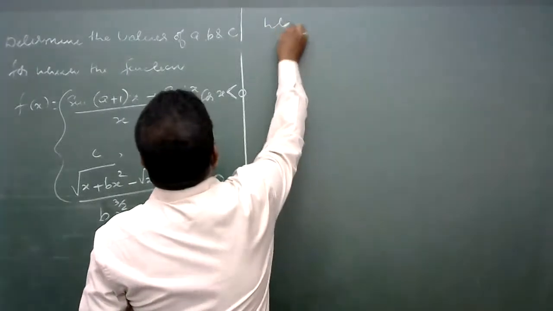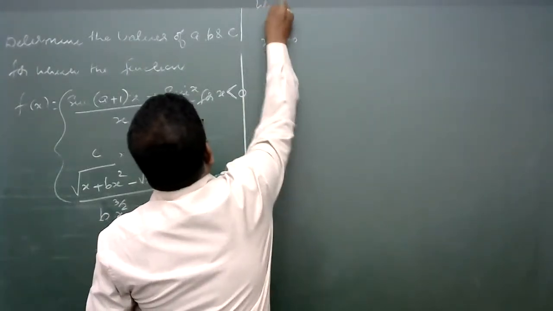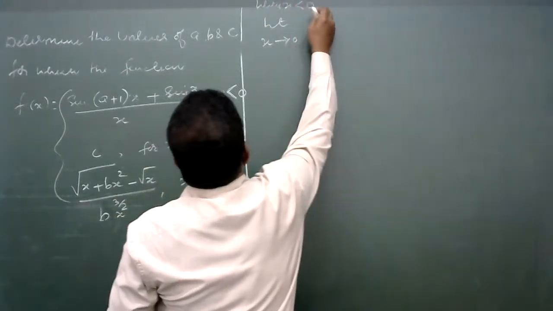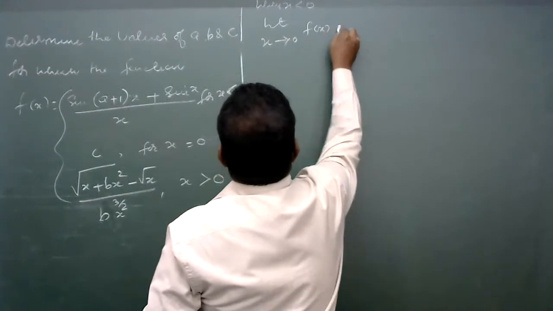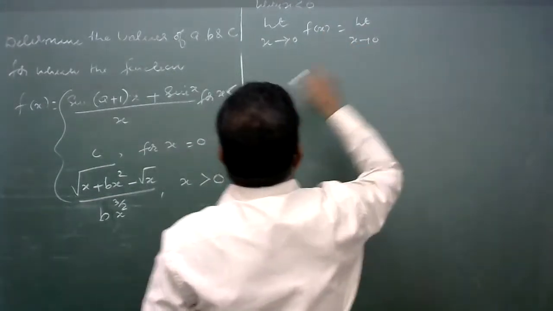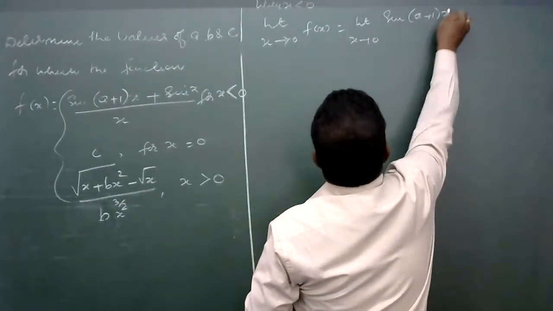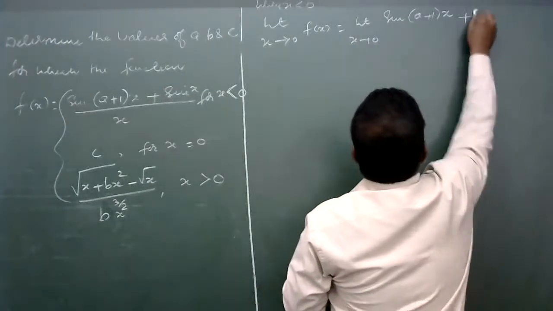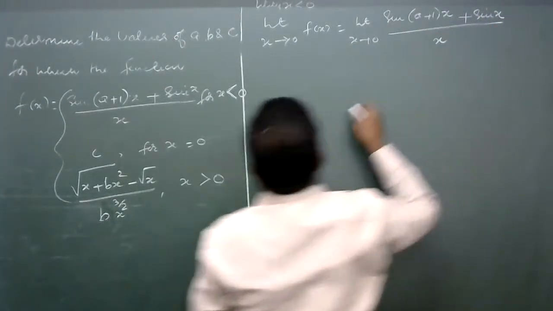left limit, okay? Limit x tends to 0, when x is less than 0, the function is equal to limit x tends to 0 of sin of (A plus 1) into x plus sin x, the whole upon x.